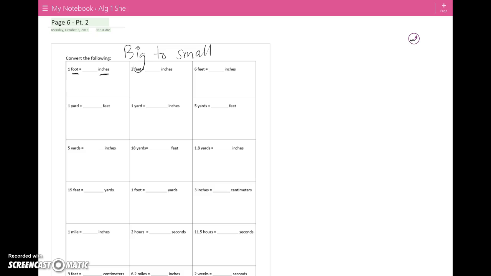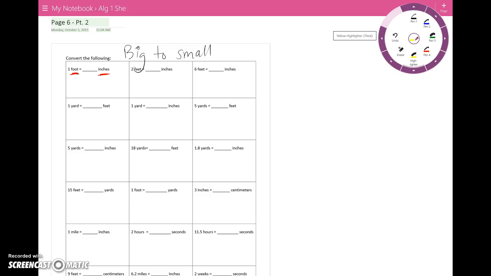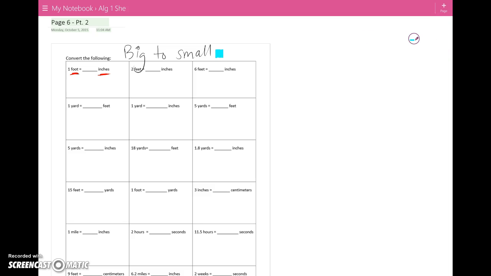Okay? So the key thing is that if I'm going from a big to a small measurement, like this, from feet to inches, I'm going to multiply.